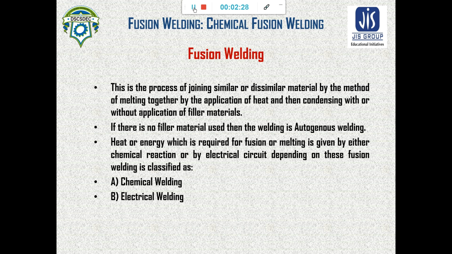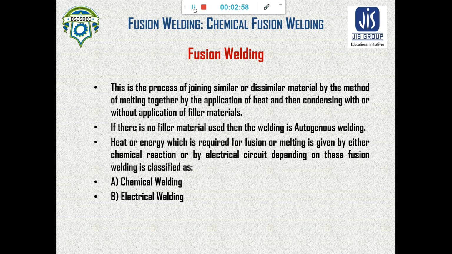So heating means melting and joining together, melting and solidification, that is the process of fusion. It is a liquid state welding, and it is also called homogeneous welding. Whenever no external filler material is used, it is called autogenous welding.